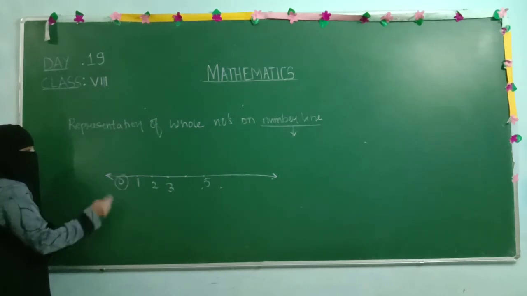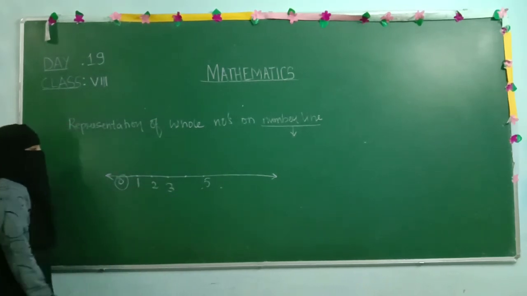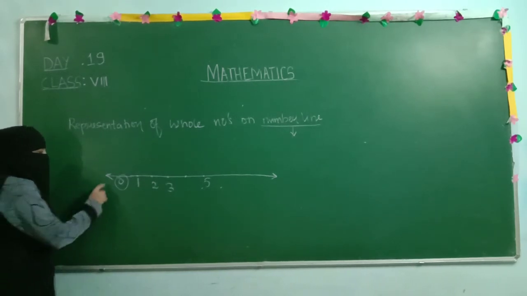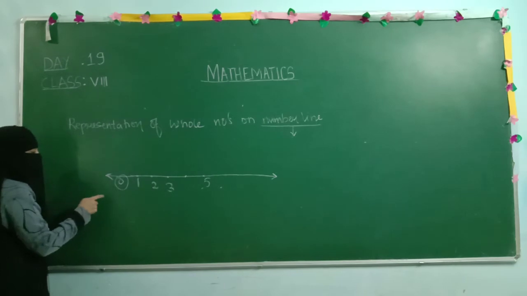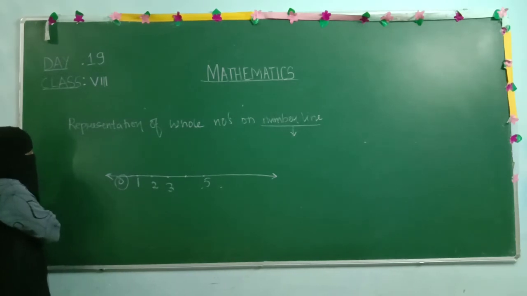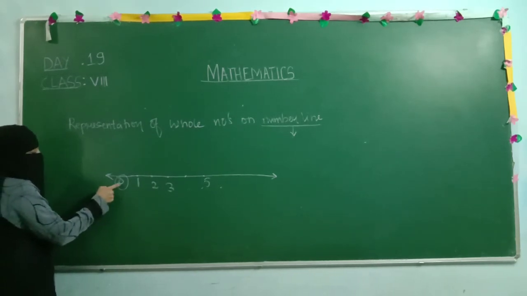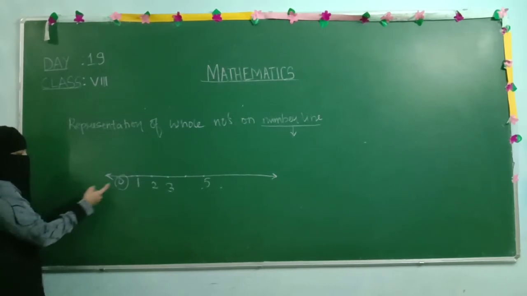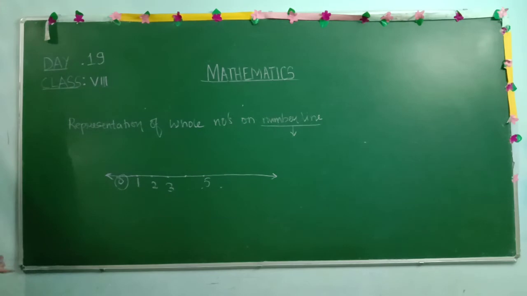As we are observing here on the number line, there are infinite numbers, and the smallest among all these numbers is 0, and we find that there is no predecessor of 0. Predecessor is nothing but the number which comes before a number. So before 0 there is no whole number.